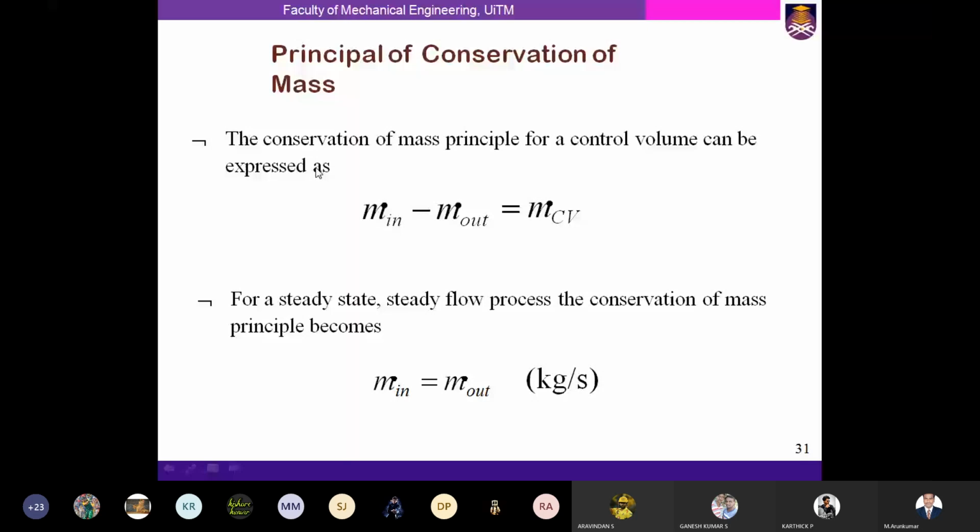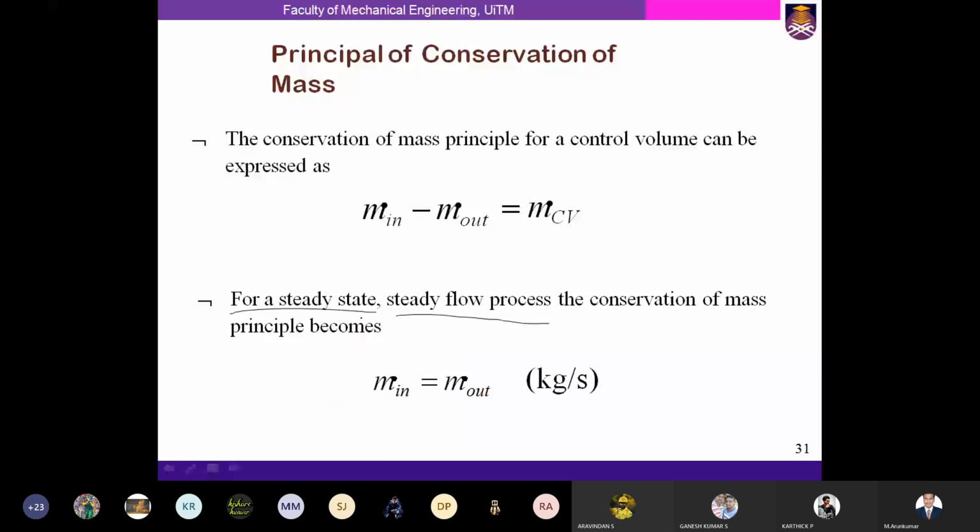So we have to calculate the net mass transfer in and the net mass transfer out. Then assume the process is a steady state, steady flow process. So these are your fluid dynamics portion.